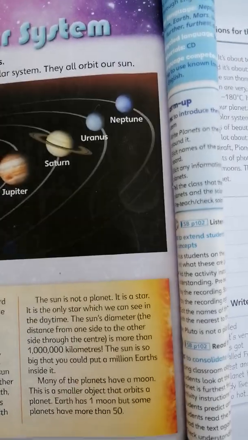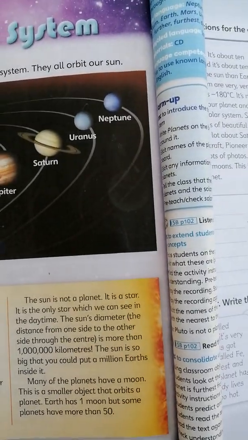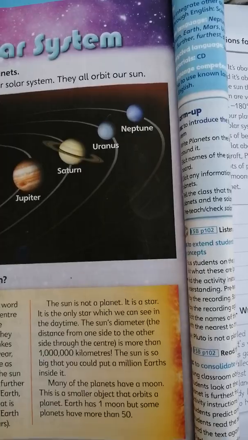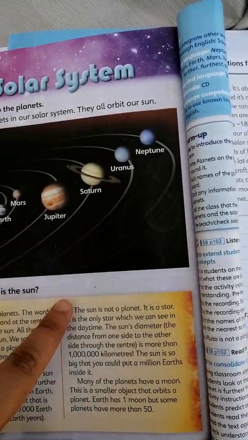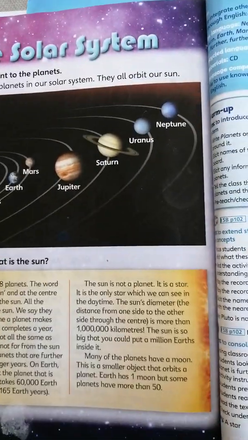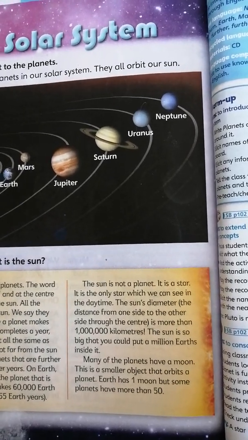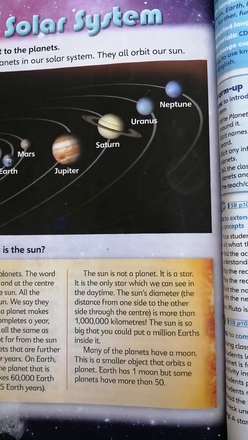But a planet is a dark place. Okay? And the planets get their heat and their light from the sun. It's the only star which we can see in the daytime. So now in daytime, the star we can see is only the sun, and the other stars we can see at night.